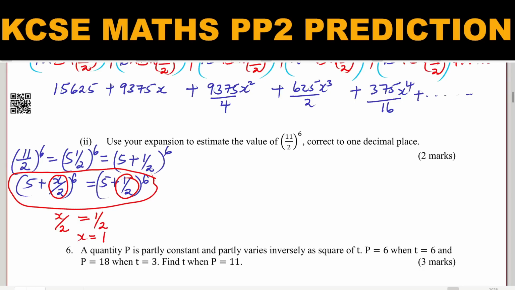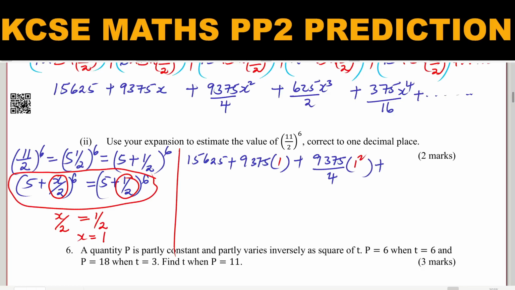So now the moment you get x is equal to 1, you use this expansion here and substitute. So you have 15625 plus, then where we have x, just substitute with 1, so 9375. So x there is 1. And then plus 9375 divided by 4. So here you have 1 squared.